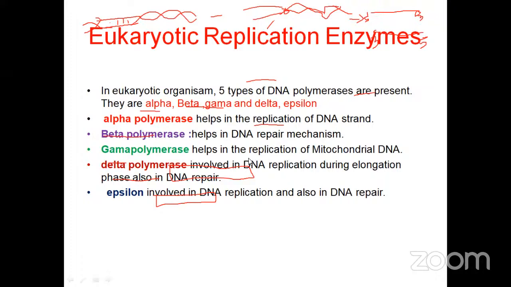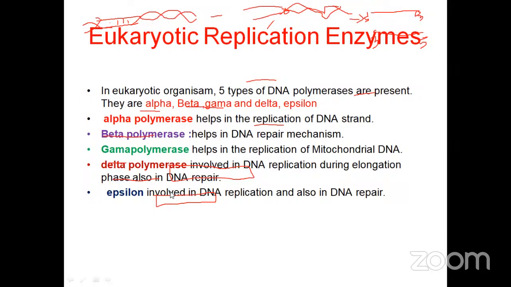Gamma polymerase helps in replication of mitochondrial DNA, but not nuclear DNA. In mitochondrial DNA and chloroplast DNA, replication is done by gamma polymerase. Delta polymerase is involved in DNA replication during the elongation phase.